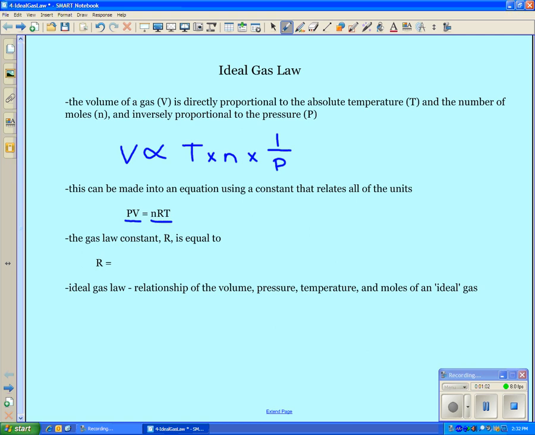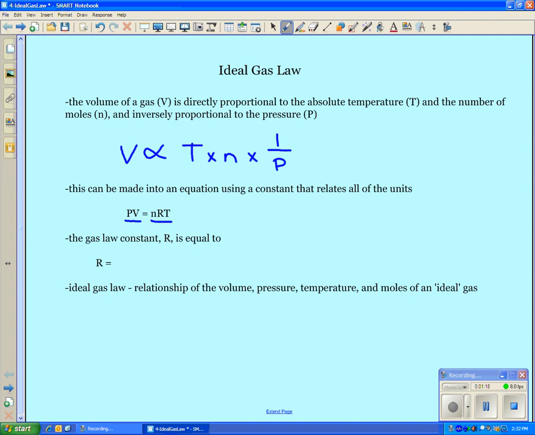N is moles, T is temperature, and R is a new variable, which stands for the ideal gas law constant. So this is a number that we need in order to relate all of these numbers and units together.